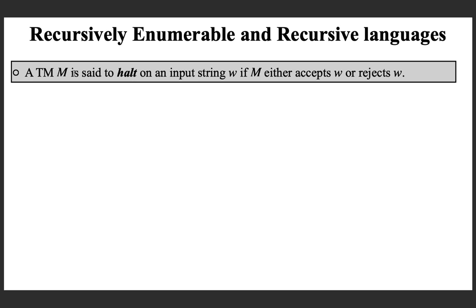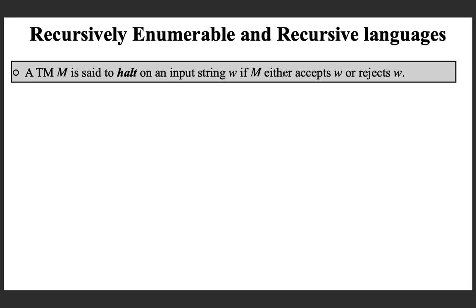A Turing machine M is said to halt on an input W if M either accepts W or rejects W. That is, given an input string W, the Turing machine M is said to halt on the input string if the processing either goes to the state T or goes to the state R.